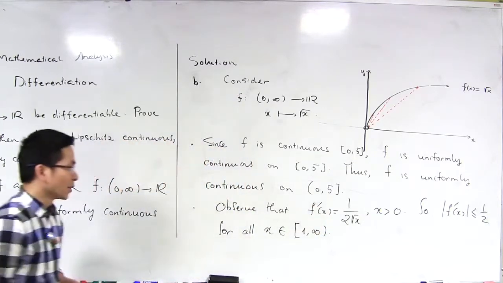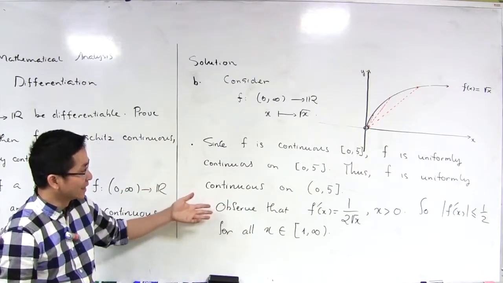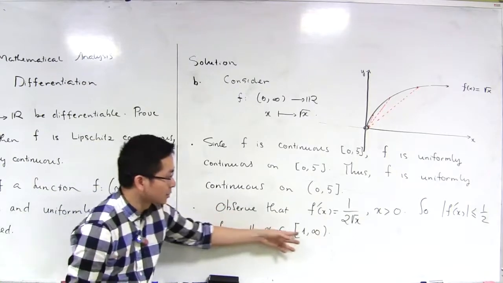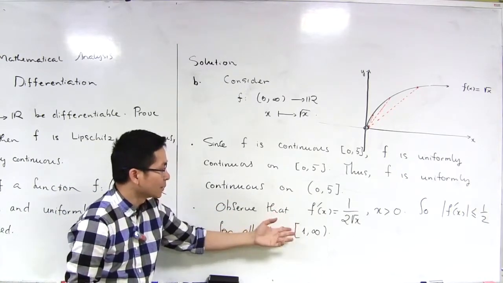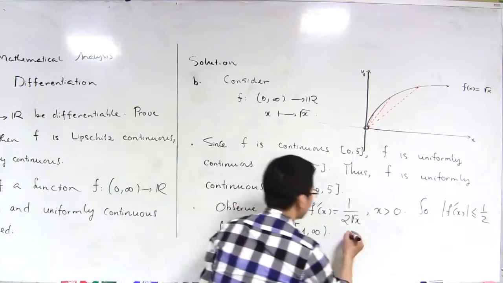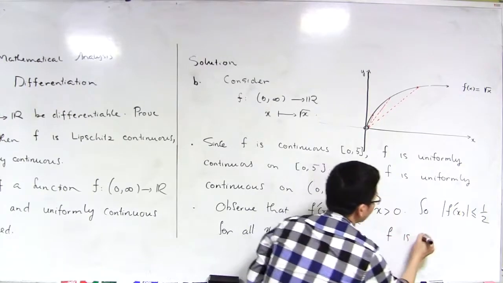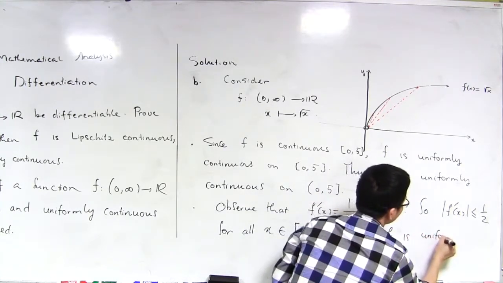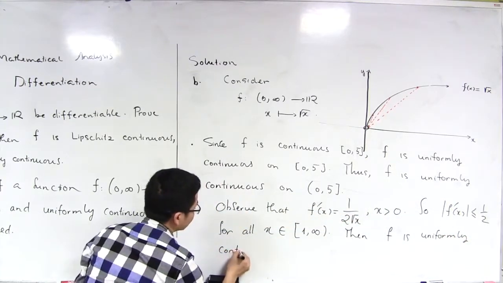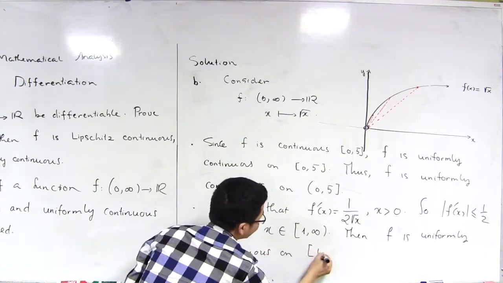So from here again, by using the mean value theorem, we can easily see that this function is Lipschitz continuous on this interval, and therefore it is uniformly continuous on this interval. So then f is uniformly continuous on the interval from 1 to infinity.